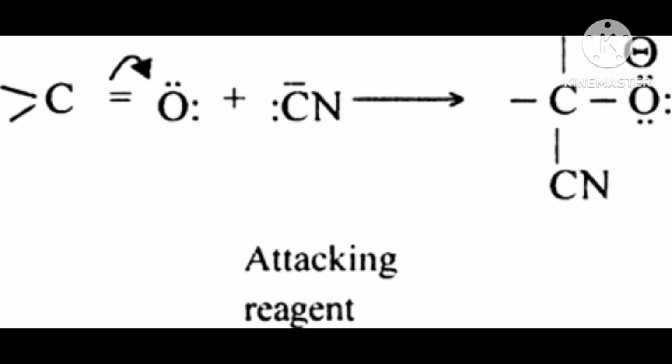This is possible in both cases, in an open chain or in a cyclic system. So the presence of alternate single and double bonds in an open chain or cyclic system is termed a conjugated system.